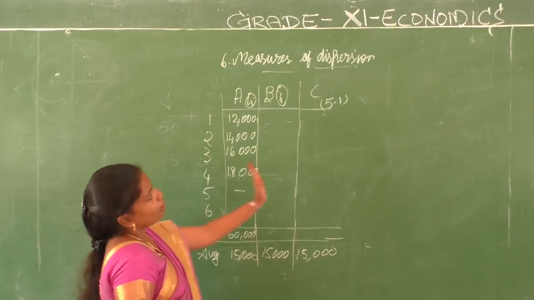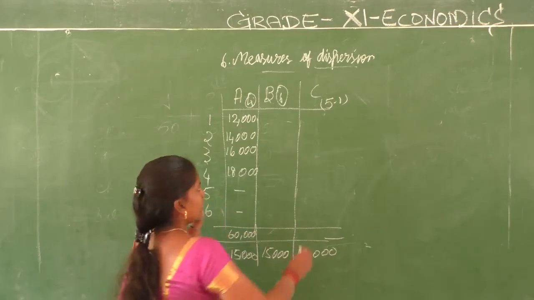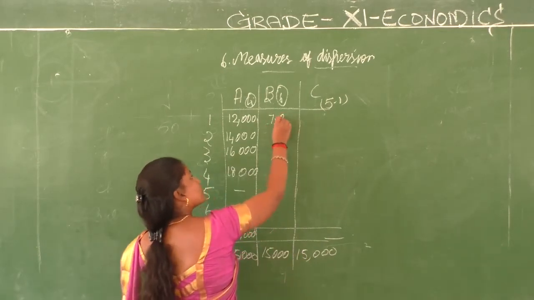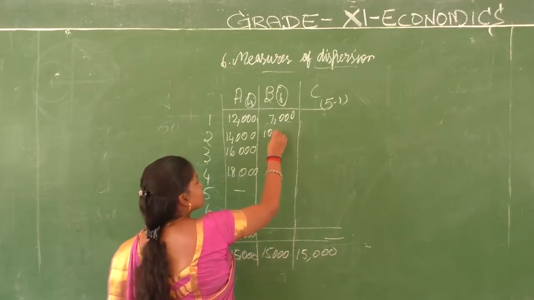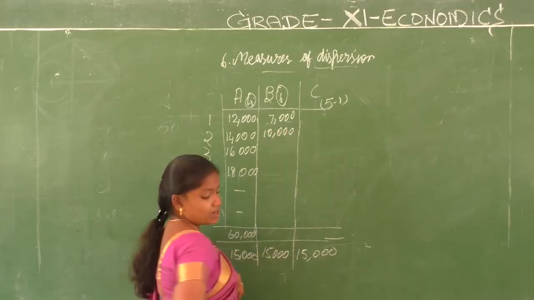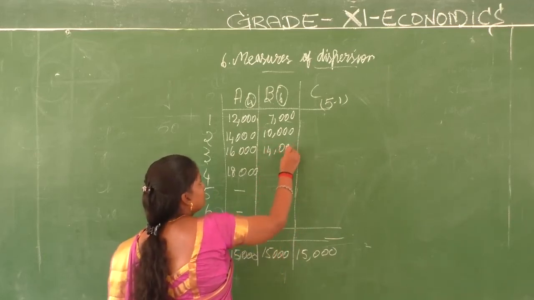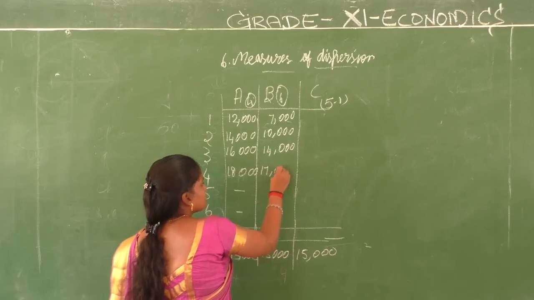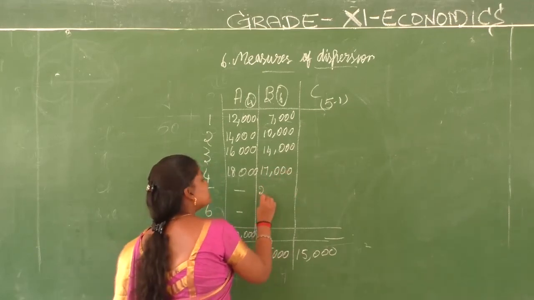15,000. Now talking about Rahim's family. What did Rahim's family say? He said one of the family members is earning 7,000. Another member is earning 10,000. Another member is earning 14,000. Another member is earning 17,000. Another member is earning 20,000.